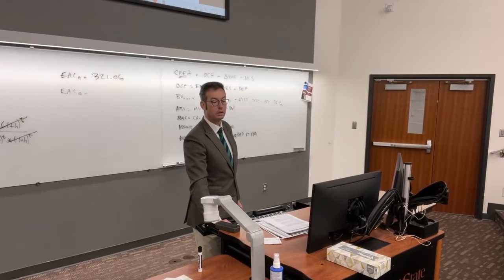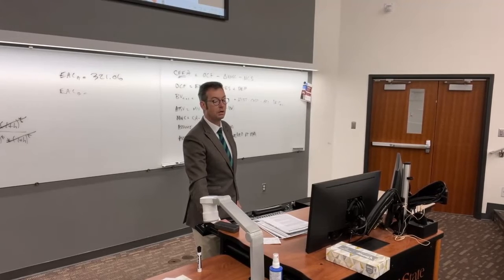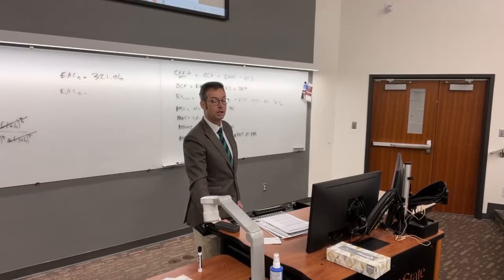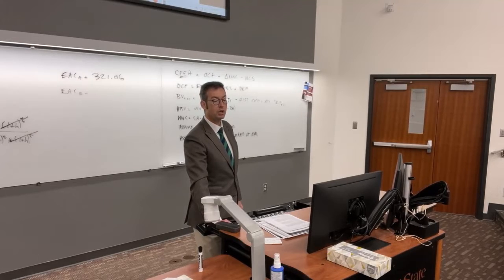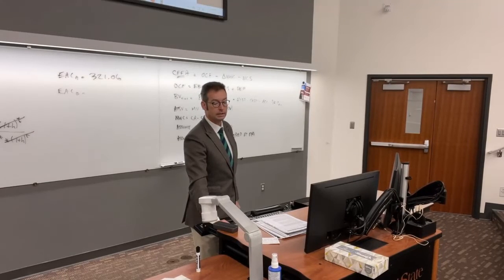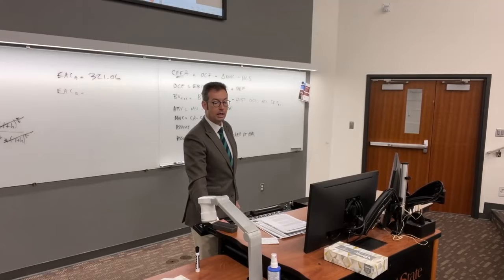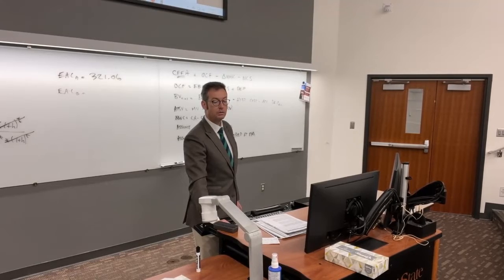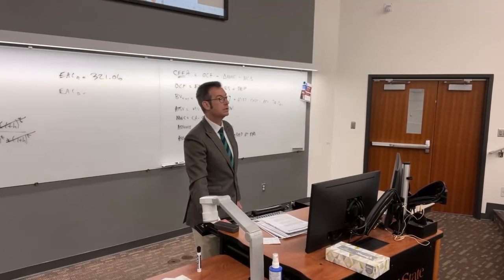Enter, arrow down. What is F01? 4. Enter. What button should I hit next? NPV. And what should I put in for I? 10. Enter, arrow down, compute. Is this the number you get?